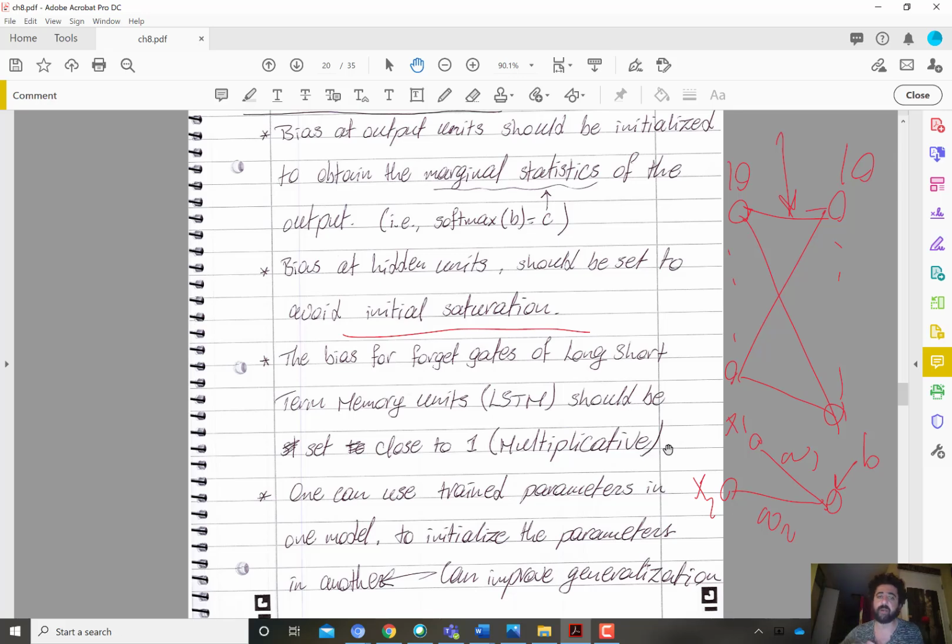Now let's say the bias is multiplicative, as in the case of recurrent networks, for example, long short-term memory units. The bias here is multiplicative. Not only that, but it gets raised to a power, right? So you can easily go into saturation if you have a value much greater than 1 or a value much less than 1.